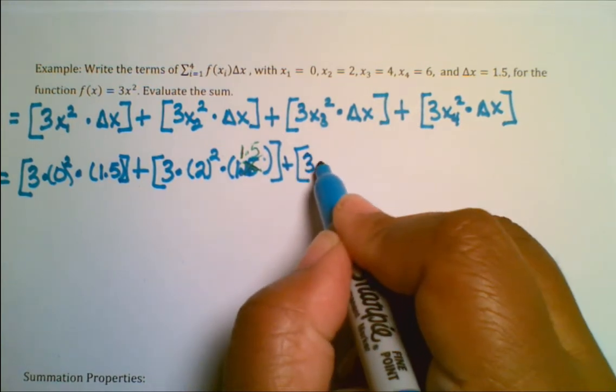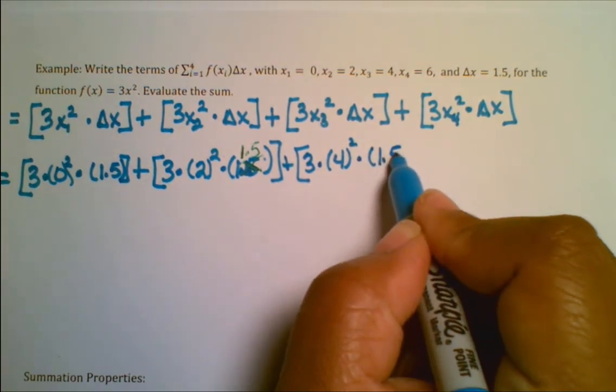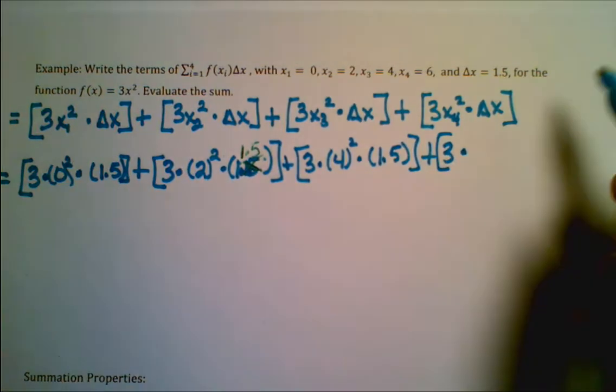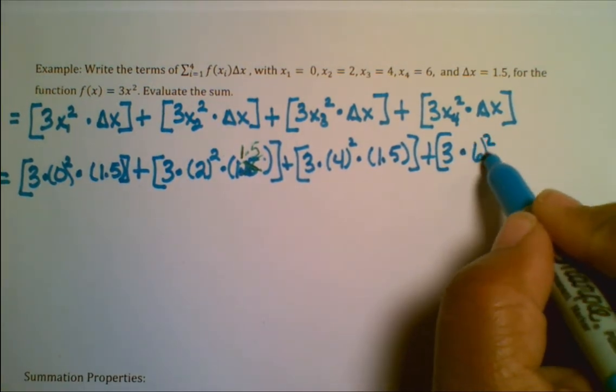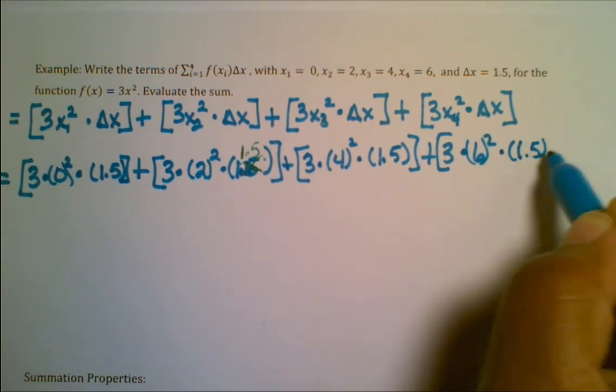So 3 times 4 squared times 1.5, plus 3 times 6 squared times 1.5.